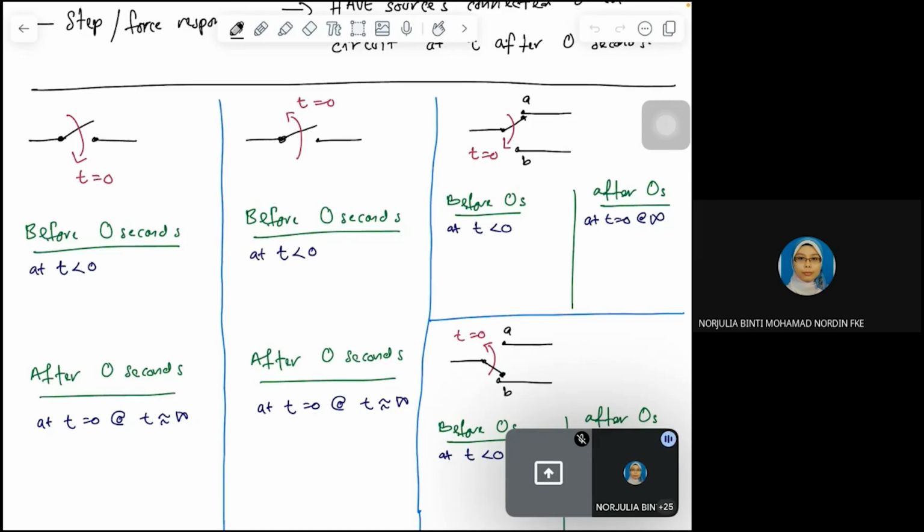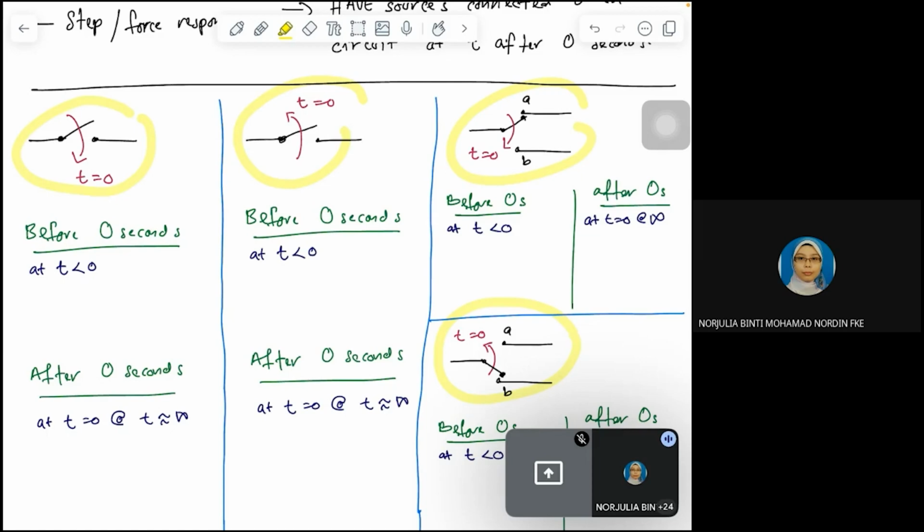When you look at past year's questions, you always see this kind of switch. This is the essential step when analyzing a transient circuit, whether first order or second order.